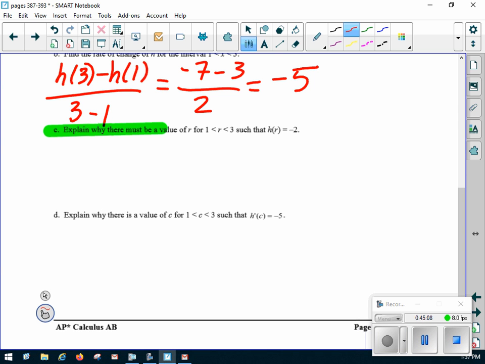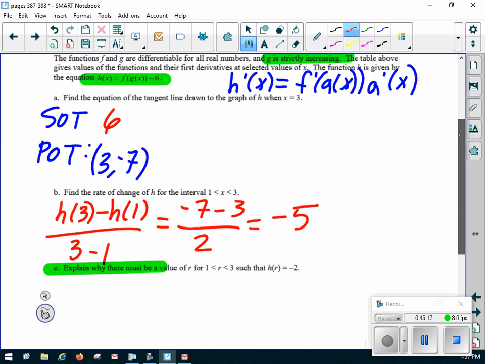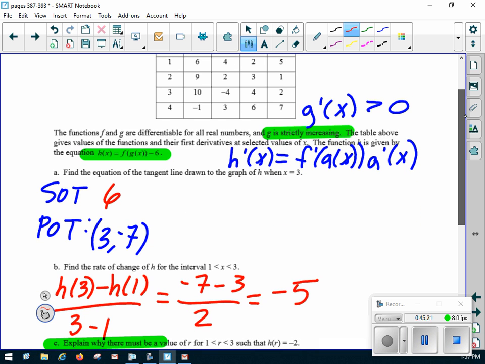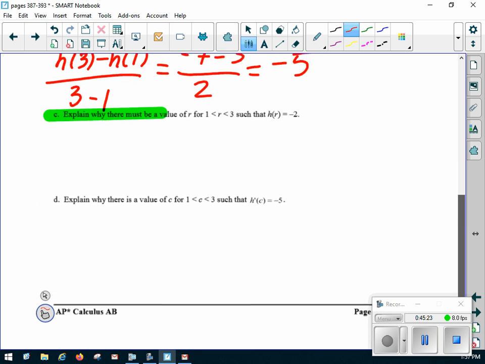Look at your front page. Okay, is this function continuous? We were told it was, right? We were told differentiable. So whatever that function was, some h. h is continuous because f and g are continuous.